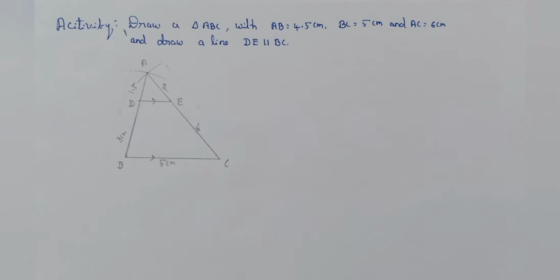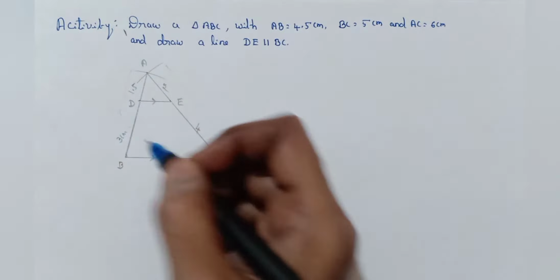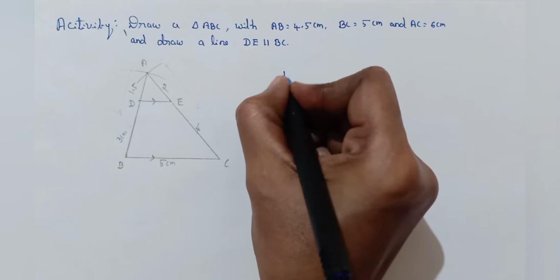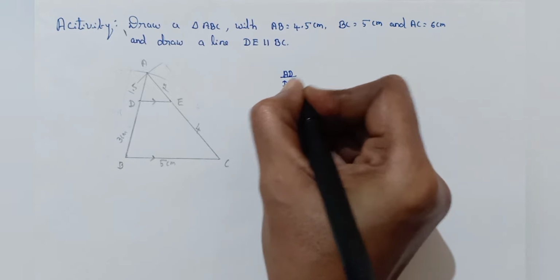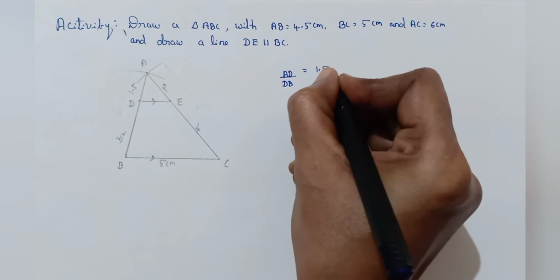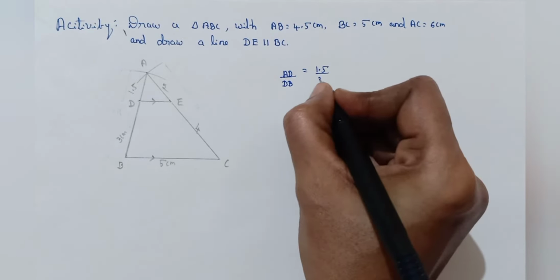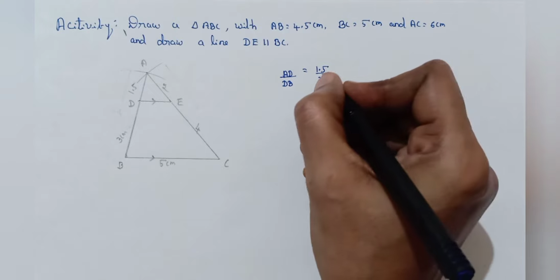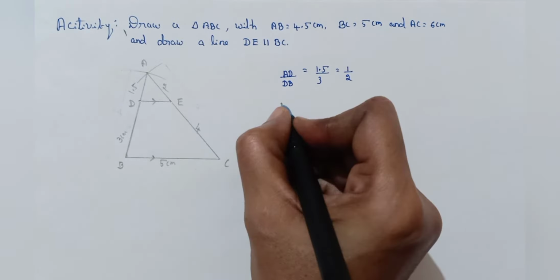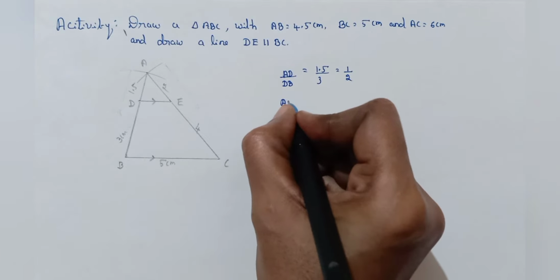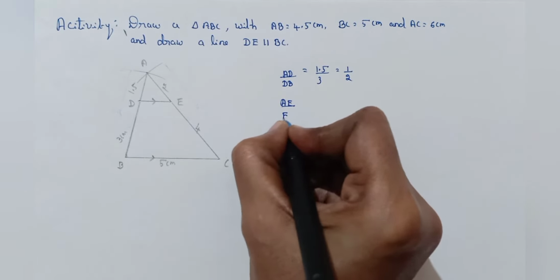Now take the ratio of AD and DB. AD is 1.5 cm and DB is 3 cm. 1.5 by 3 is equal to 1 by 2. And take the ratio of AE by EC.